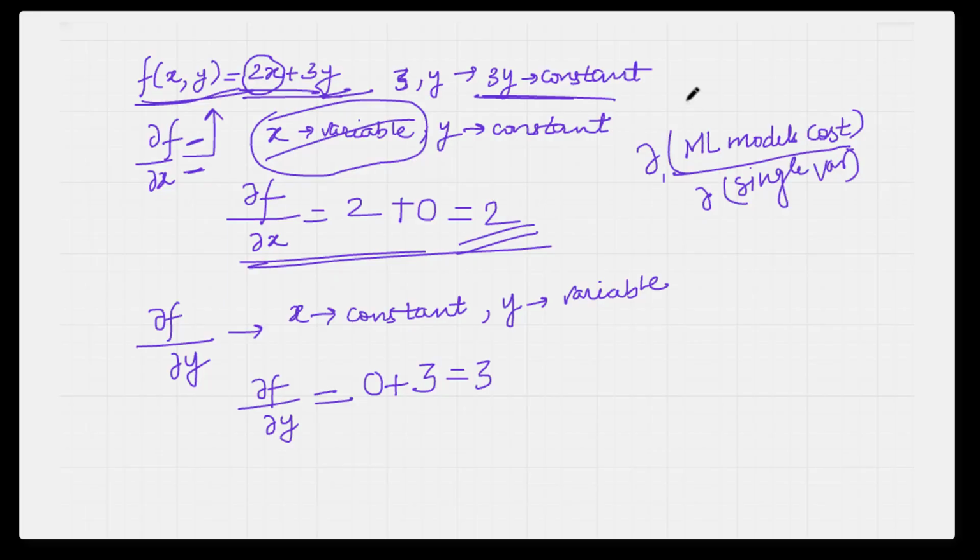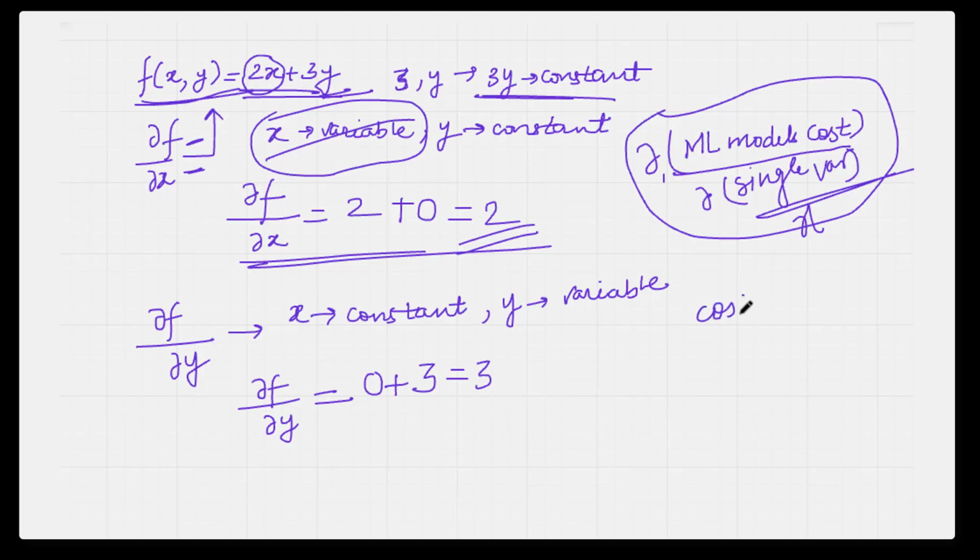Partial derivatives allow us to find how any variable affects the whole cost of a model and then tweak it accordingly to make the cost smaller or larger, as per our requirements.